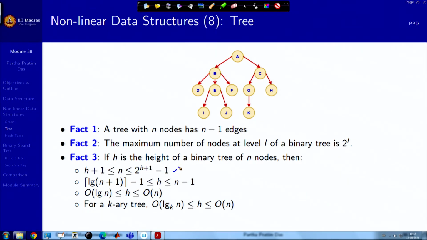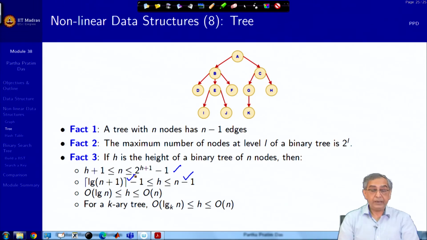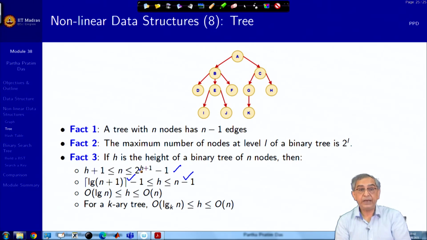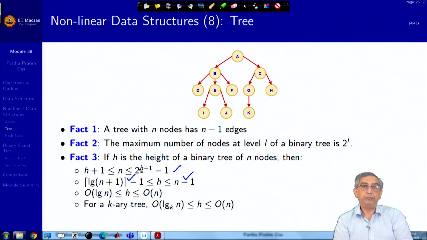So, given these two bounds, I can just do the algebra, write it differently, and say that the maximum value of h can be n minus 1, which is the maximum number of edges that you can have, and the minimum of it is, if you just take the logarithm on this side, log of n plus 1, ceiling, because it could be a non-integer number, minus 1.